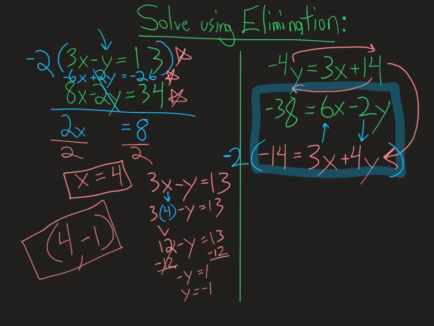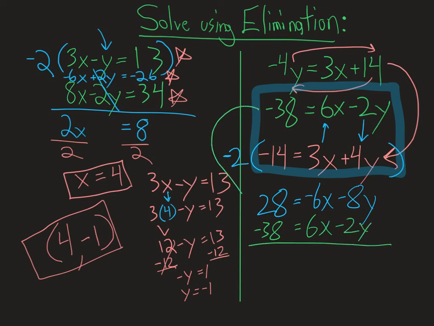So -2 times -14, 28. Same thing with the 3, -6x. And with that 4y, minus 8y. Copy down my other equation again. Okay, that was just copying this guy down. And now I'll go ahead and see that my pair cancels.